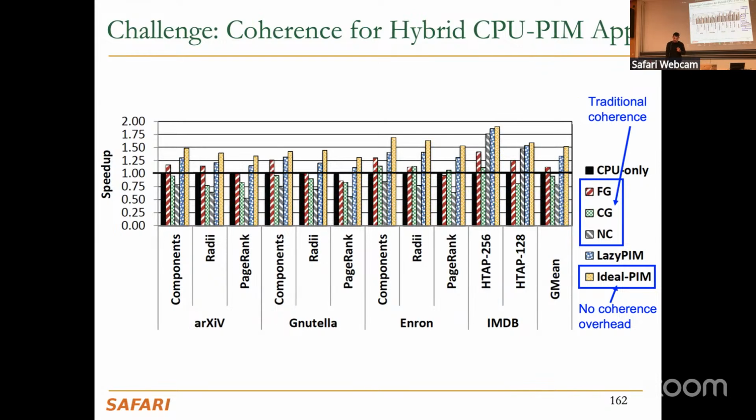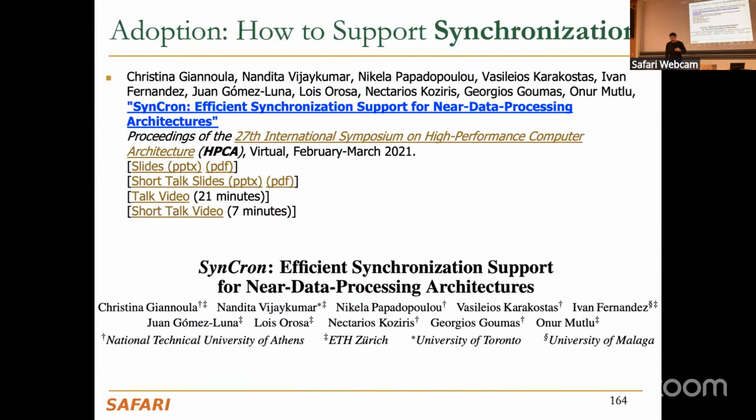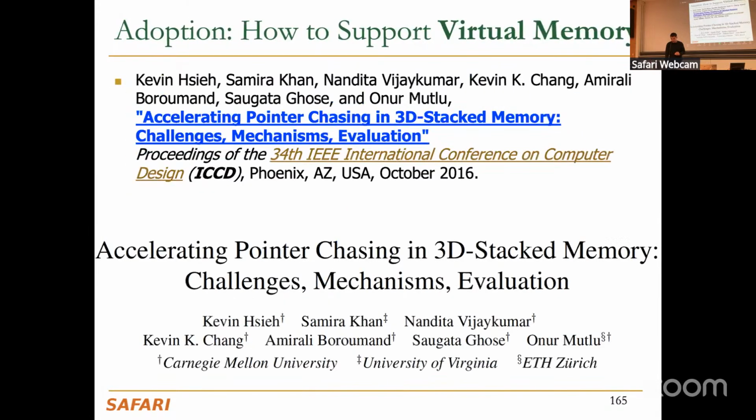This is quite complicated to do because now we have a very distributed system. You have computation everywhere, and you don't have a single directory that you can keep track of where a particular piece of data is at a given moment in time. So it's still quite an open topic. Also, synchronization is very hard to do.